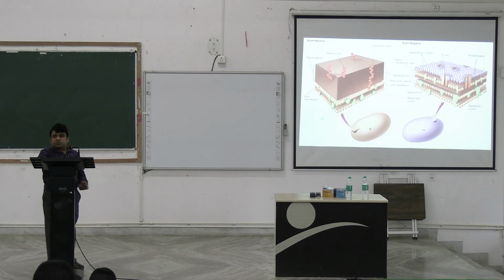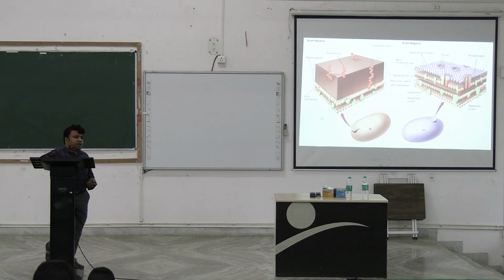Hence, the gram-positive bacteria will retain the primary stain, but the gram-negative bacteria will lose the primary stain and take up the secondary stain. The secondary stain is commonly safranin. Hence, the gram-negative bacteria appear red to pink because safranin is red to pink in color. Have you understood? Now, this is very important.